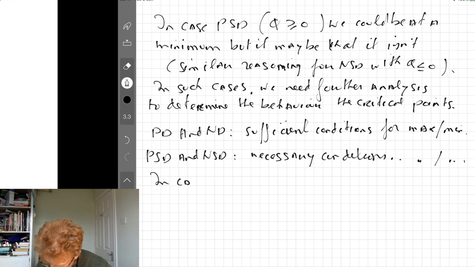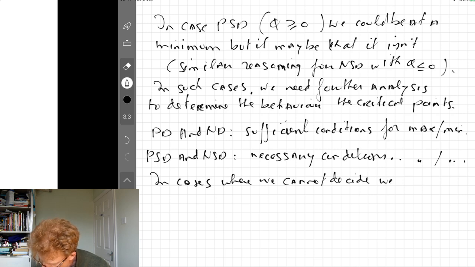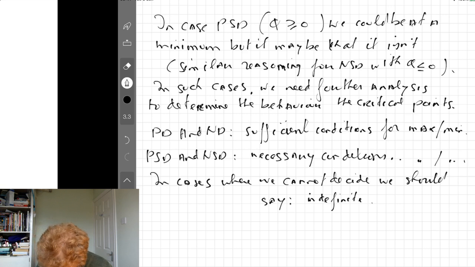In cases where we cannot decide, we should say it's indefinite. A bit vague, but basically these are the rest cases. But positive definiteness and negative definiteness are the most pressing.